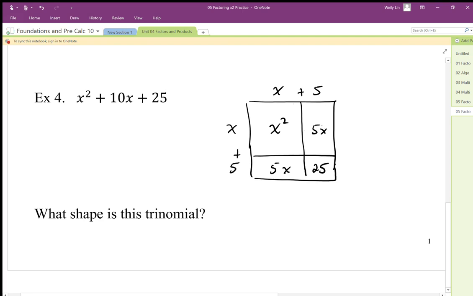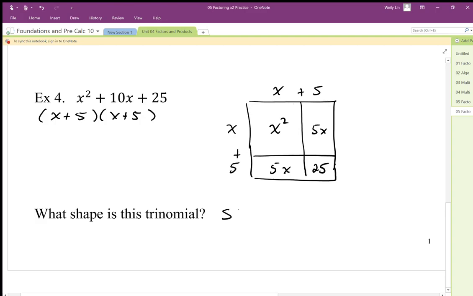So we can find the parts by division if we want. If we know the area, we can go 5x divided by x equals 5. So there's lots of relationships there. So when I write this out, I'm going to end up with x plus 5, x plus 5. Okay, so that's my factored form. And when we look at this trinomial, if it's the same length this way as it is this way, what is this shape?